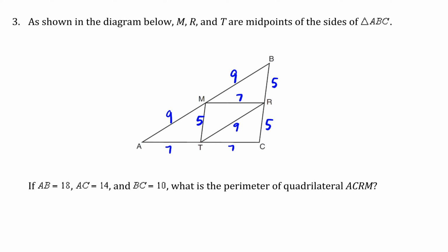Now this is asking us to find the perimeter of segment, or I'm sorry, quadrilateral ACRM. So I just want to add up the sides on that green or yellow, I don't even know my colors right now, yellow quadrilateral.